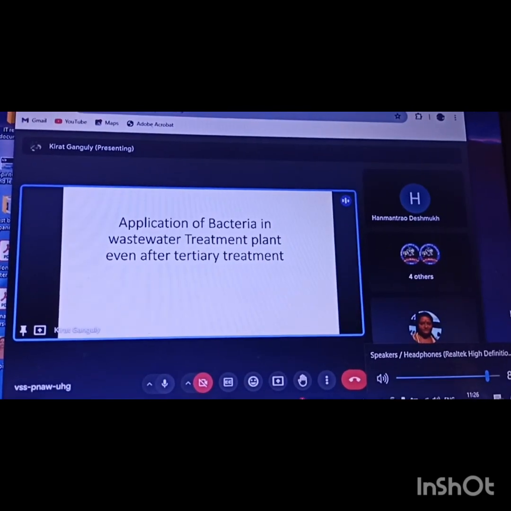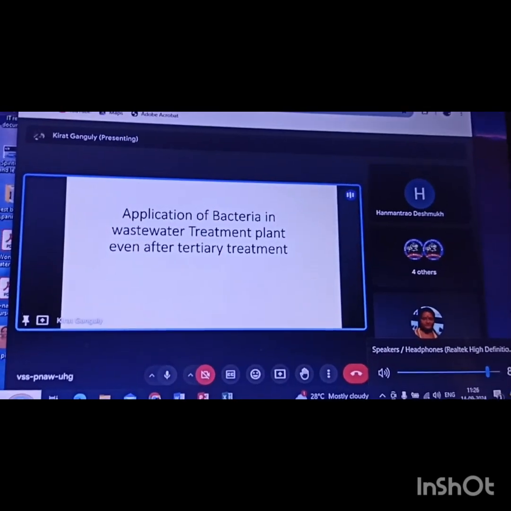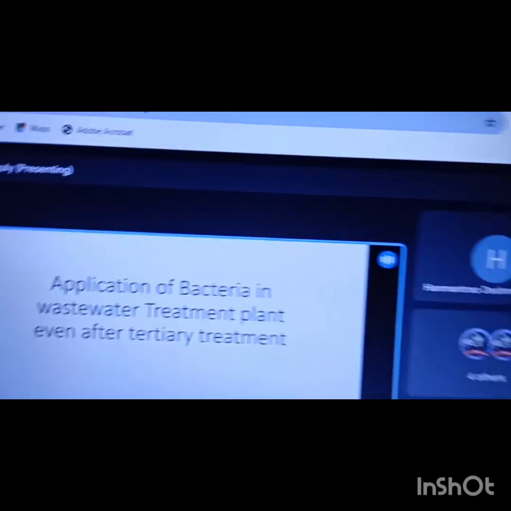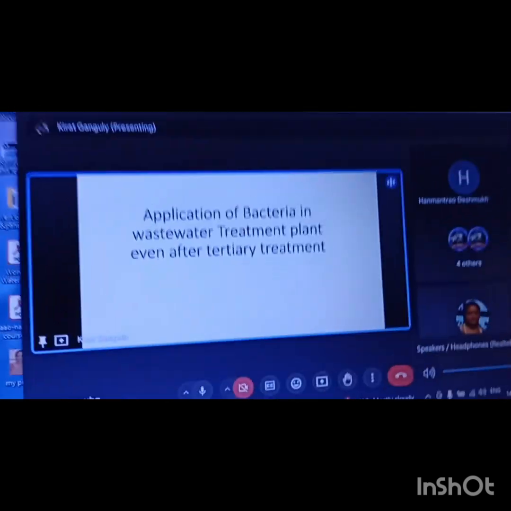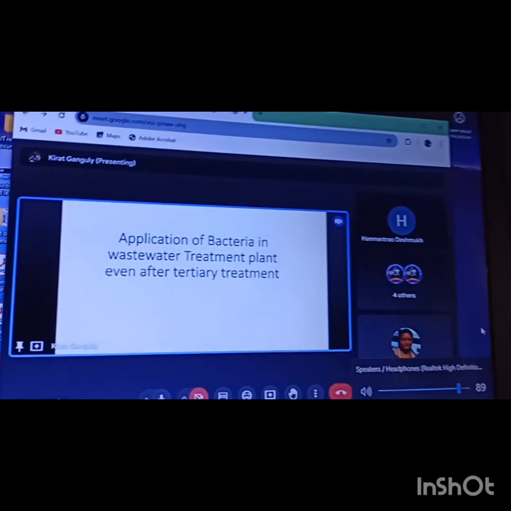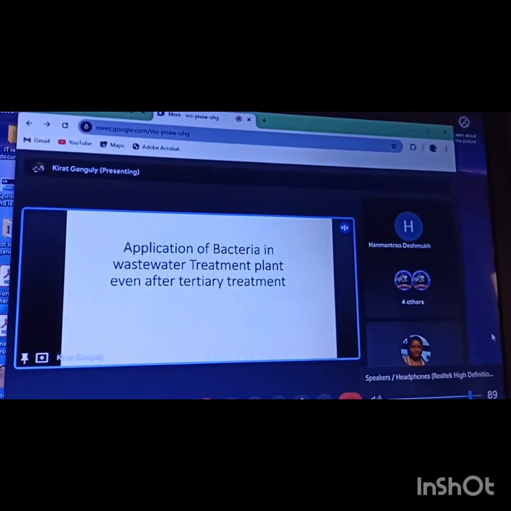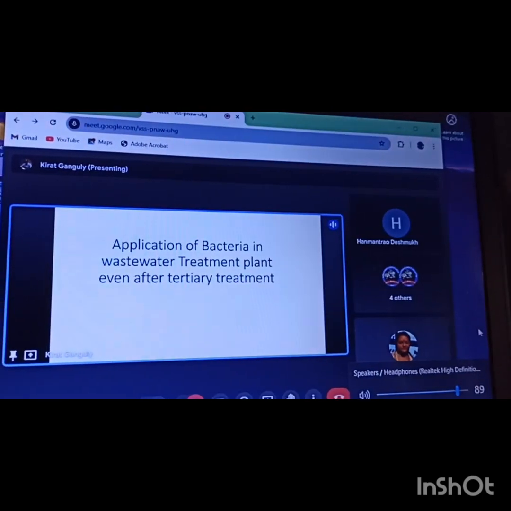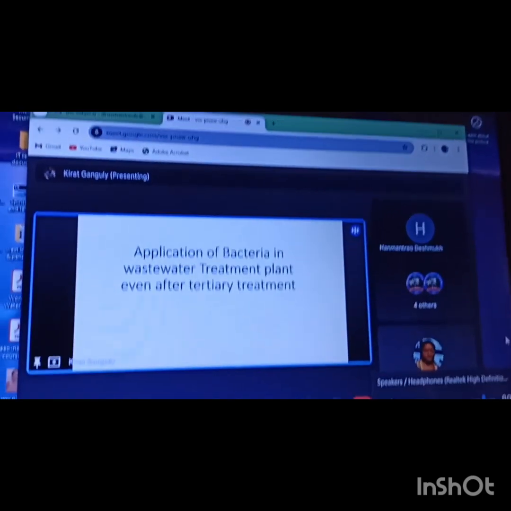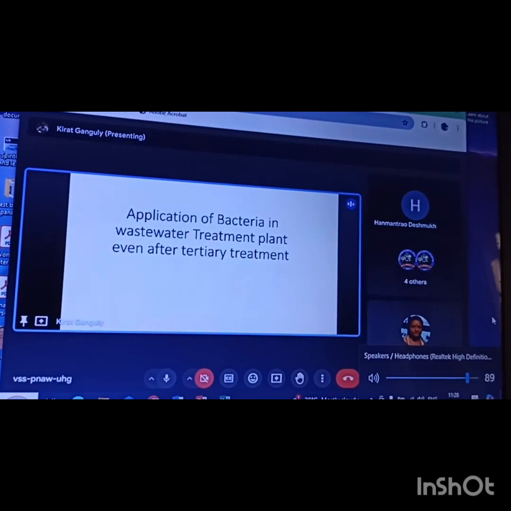I studied a little bit, and wastewater treatment plants already use bacteria, obviously, but the water before entering the treatment plant and after leaving the treatment plant is not making much difference. So that was my point of discussion with madam, that we can add some kind of bacterial population, though it is a seed culture, we can make some kind of repository as well.